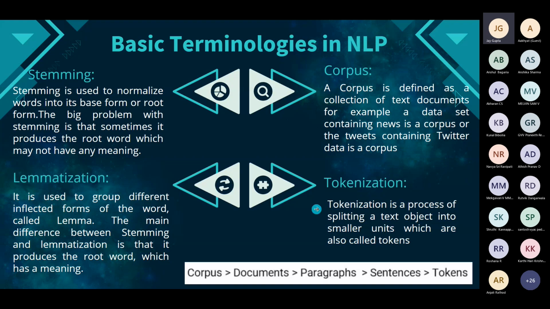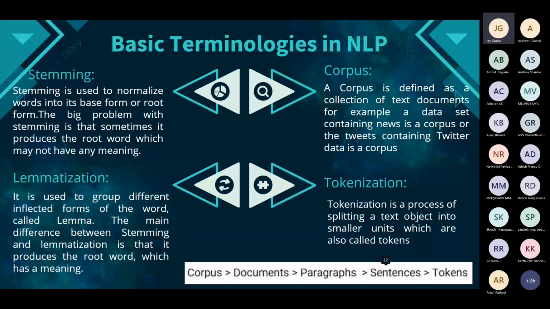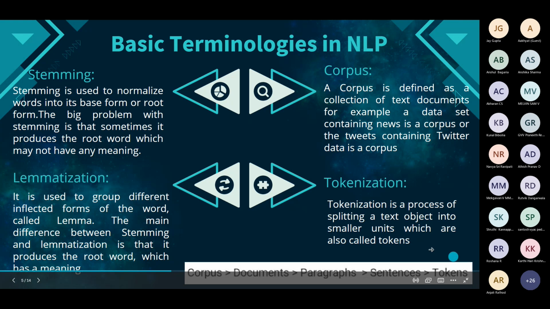A book has different pages. A corpus consists of documents, and a document can be considered as different pages. A single page consists of different paragraphs, a paragraph consists of different sentences, and a sentence consists of different words, which are called tokens in NLP. So what is tokenization?